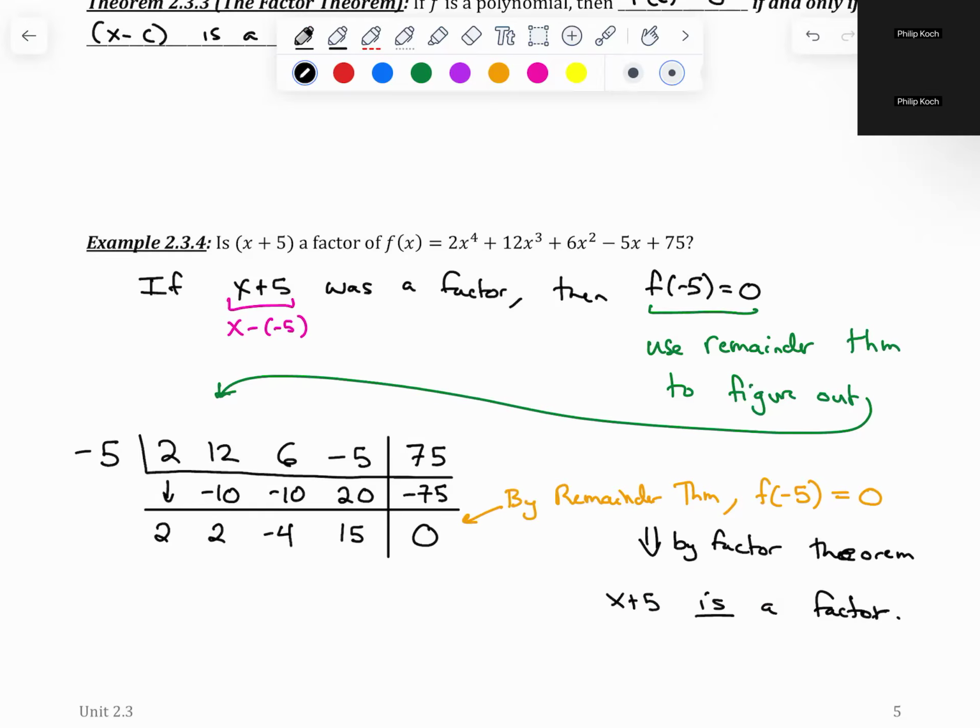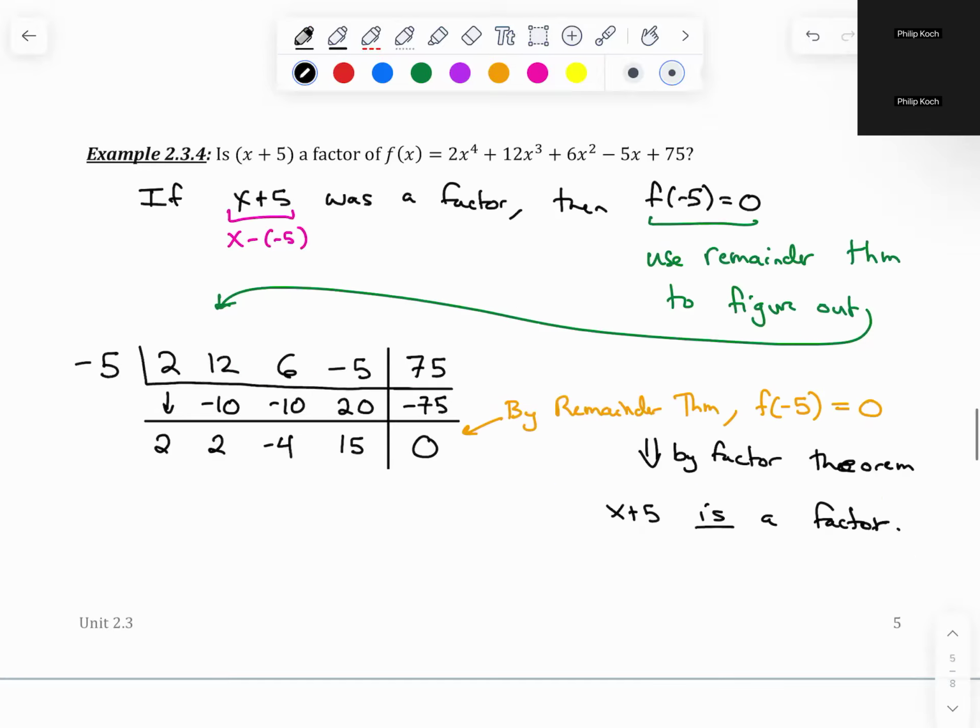And I guarantee you, if you do that, 5 to the fourth power, 25, 125, 625. 2 times that is 1,300. Regardless, use your calculator. You'll get that it's 0. But this gives us far more information.